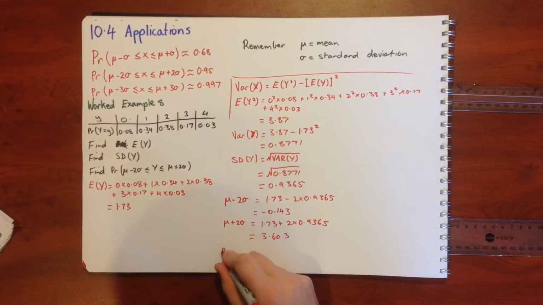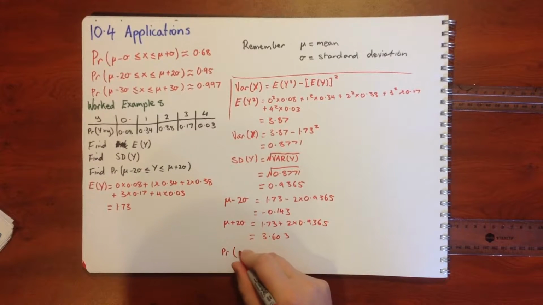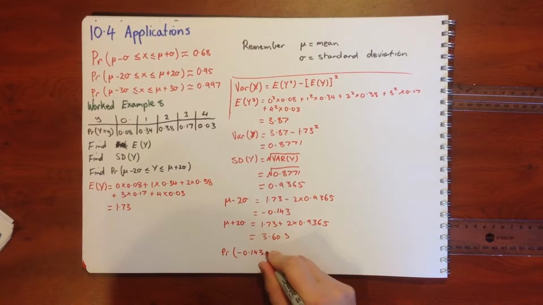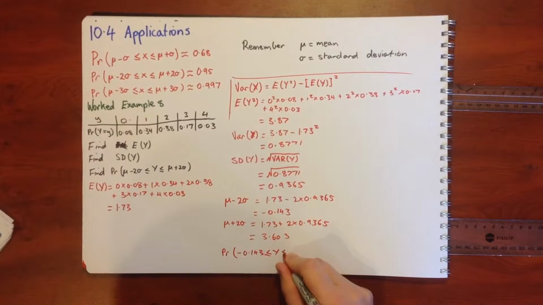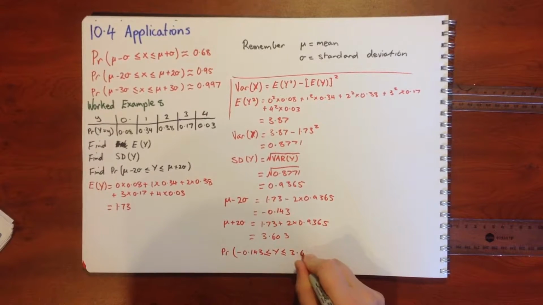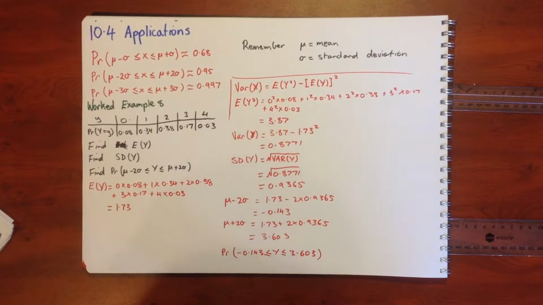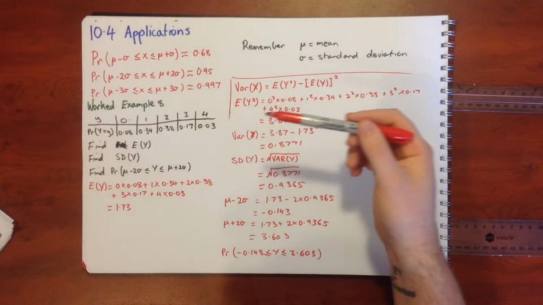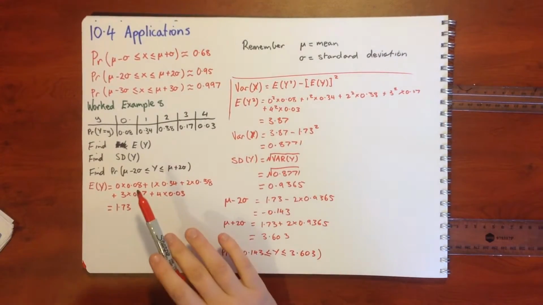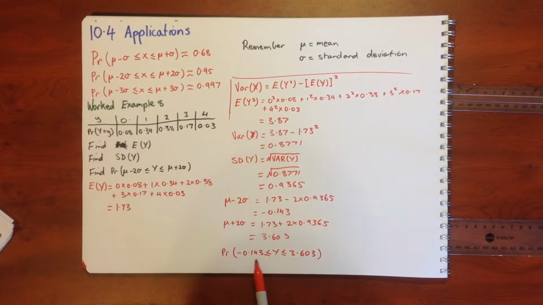So we want the probability that negative 0.143 is less than or equal to y, which is less than or equal to 3.603. If we have a look though, we've got a discrete probability. So we can't actually take these values, because they're not actually associated values.